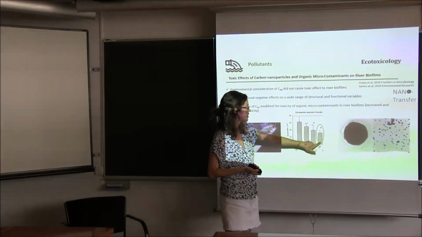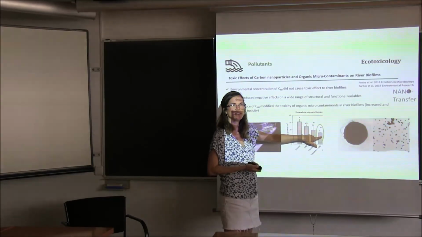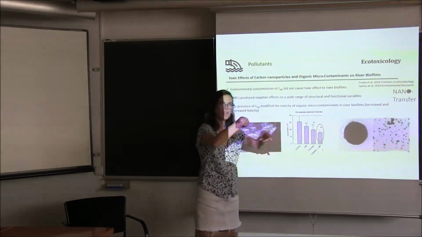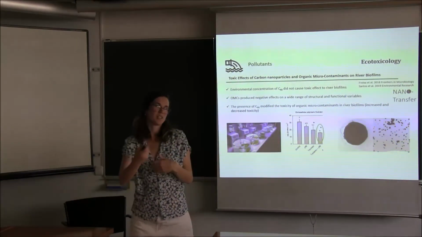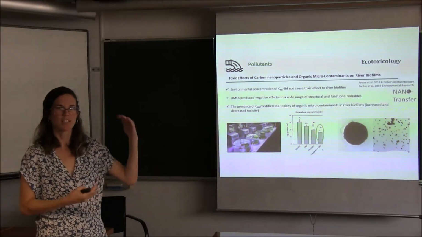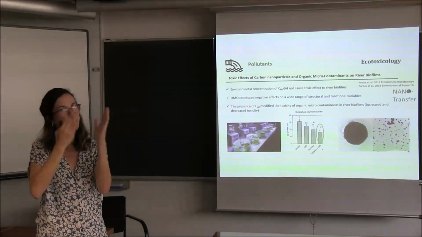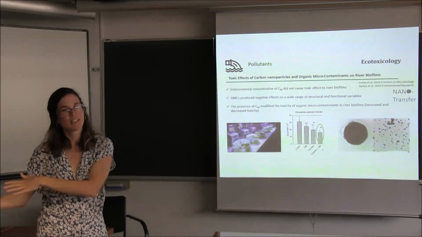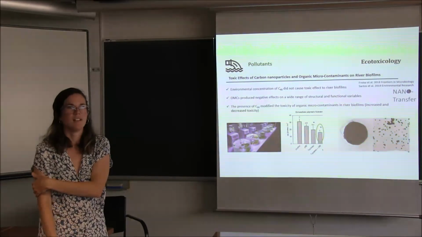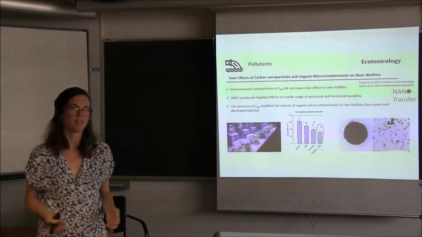So it's expected that the combination of both decreases 3 units, because 2 and 1 make 3. But if it's higher than 3, it means there is more toxicity than we expect. So there are models that you can use to calculate this. If it's higher than the value we expect from summing both effects alone, it means that it's a synergistic effect. This is involved in the multiple stressors framework.